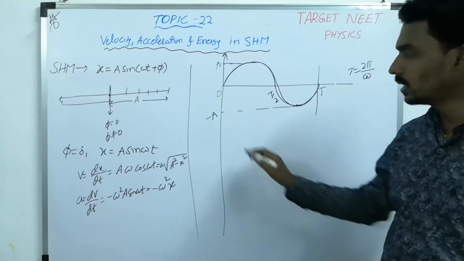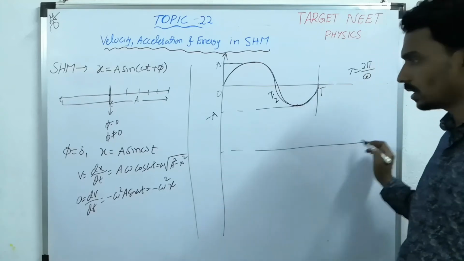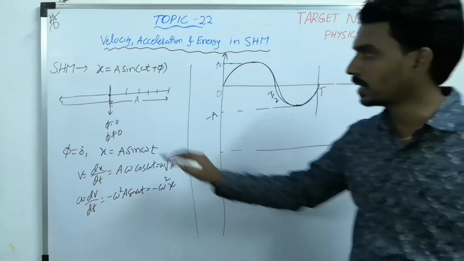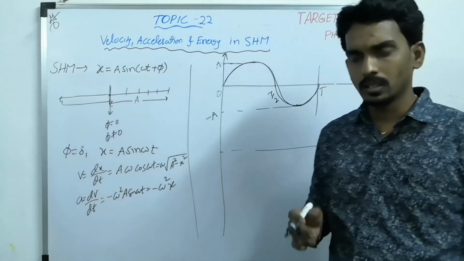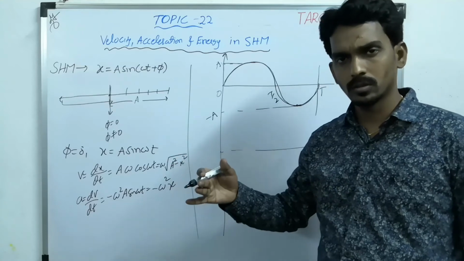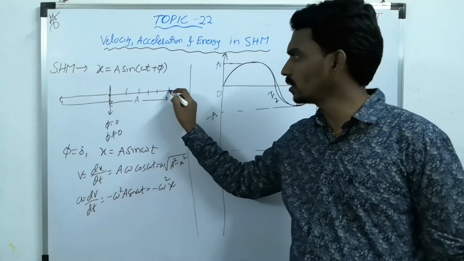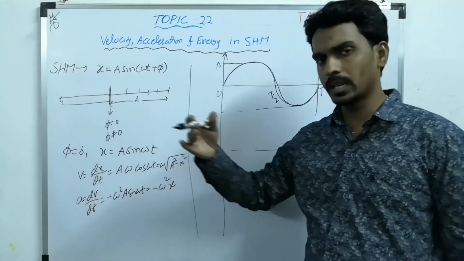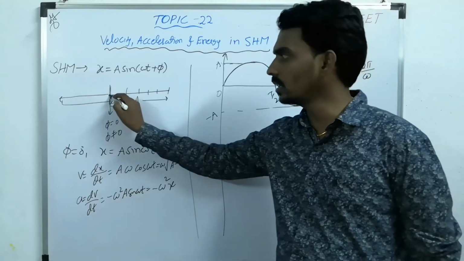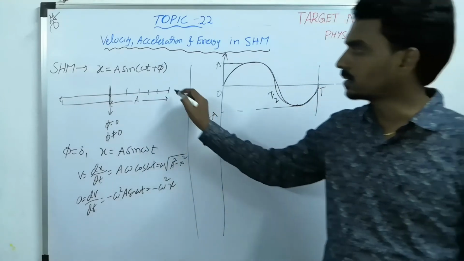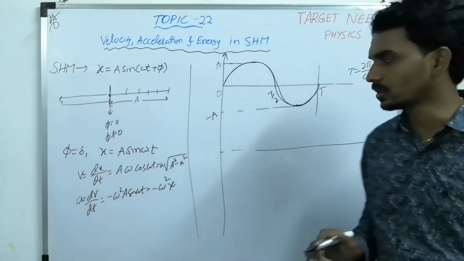In a similar manner, if you consider the velocity, initially at the equilibrium position the body should move, which means there must be some velocity, then at the extreme it comes to rest. At the extreme position the velocity is minimum.